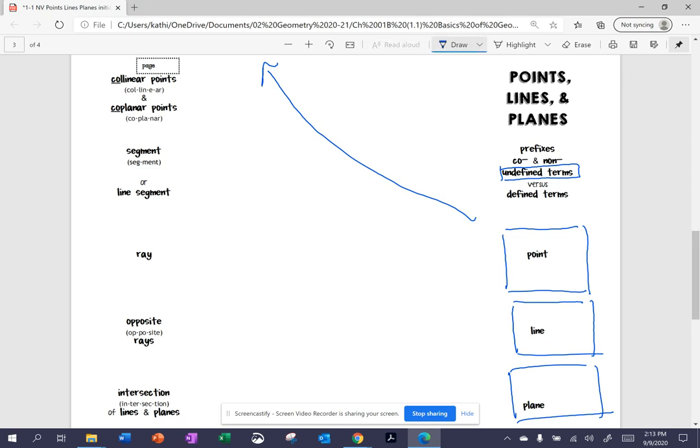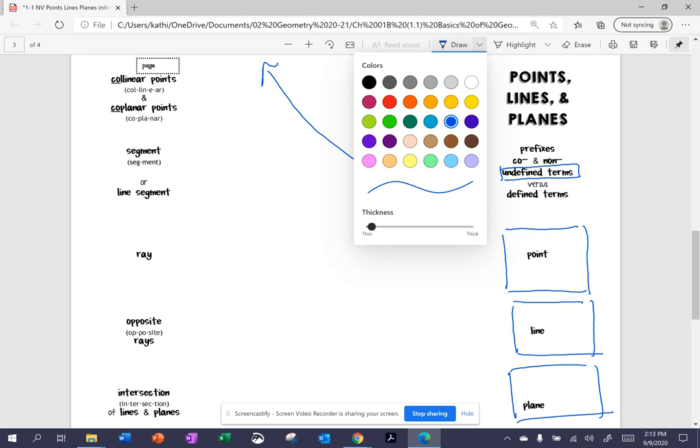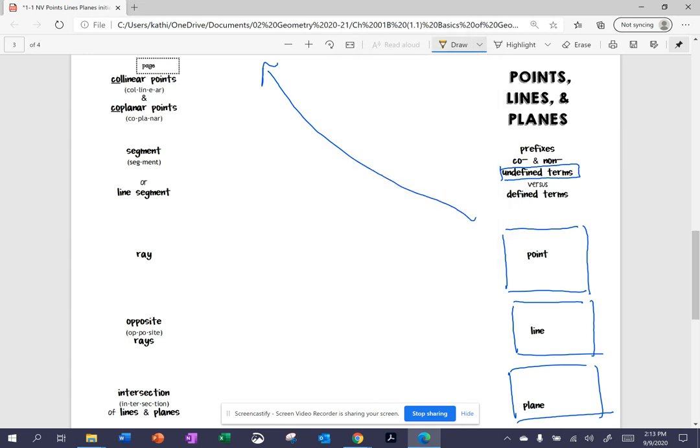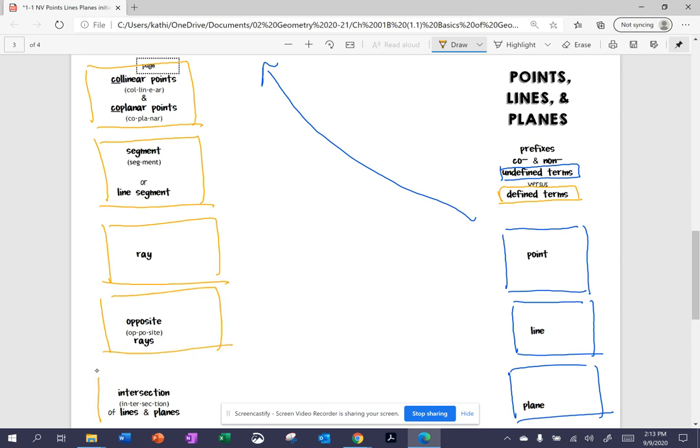And then we're also going to talk about defined terms, and everything except points, lines, and planes are called defined terms. So the rest of the vocabulary we're going to have are defined terms, and these are going to be on the right-hand side, inside the foldable. Okay, so let's get started.